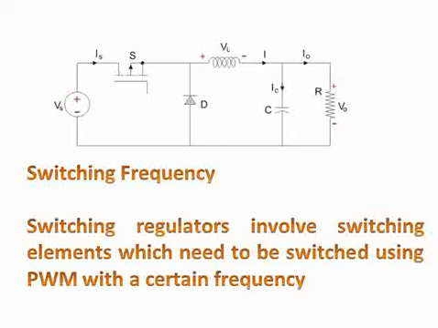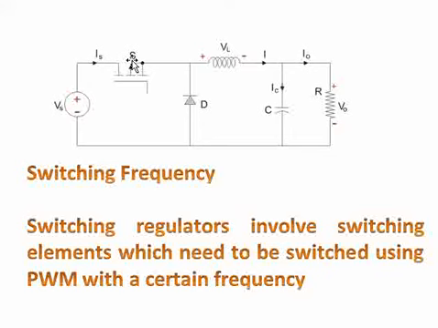If we take any regulator, whether it be a buck regulator or a boost regulator, ultimately there is a switching element present, right? The image you see here is a buck regulator, and S is the switching element. We will be switching this MOSFET, based on which the output will be generated.